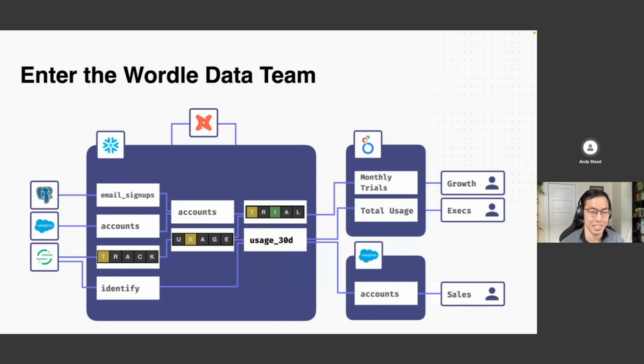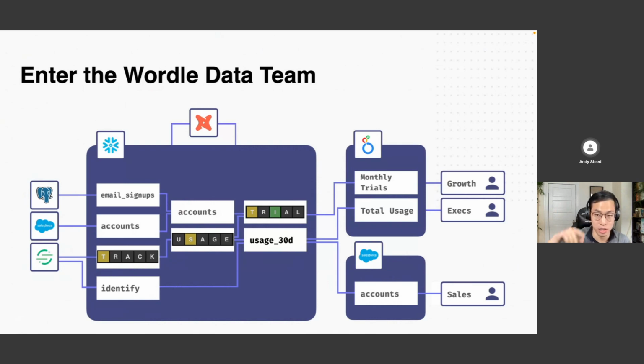the Wordle data team, where, let's say in the stylized case that Wordle is using Snowflake, they are replicating their Postgres instance into Snowflake, specifically email signups. They're using Fivetran to put Salesforce accounts data into Snowflake. They're using Segment to track and identify users.